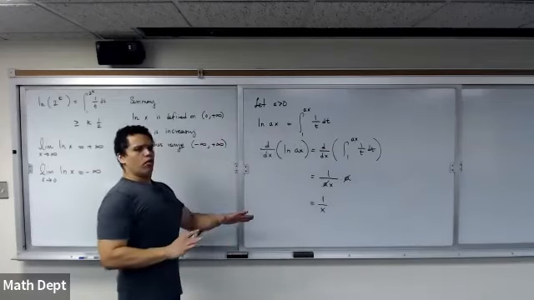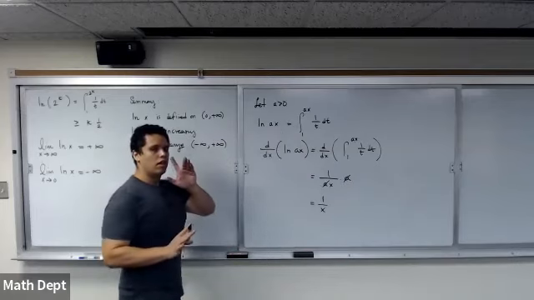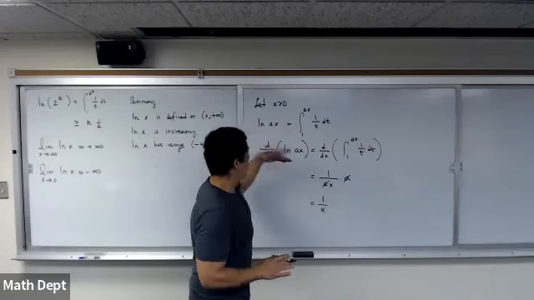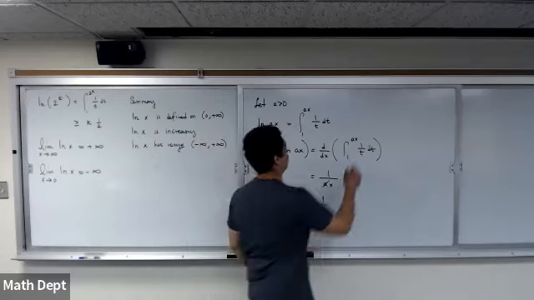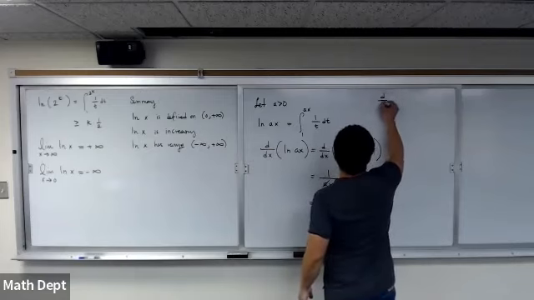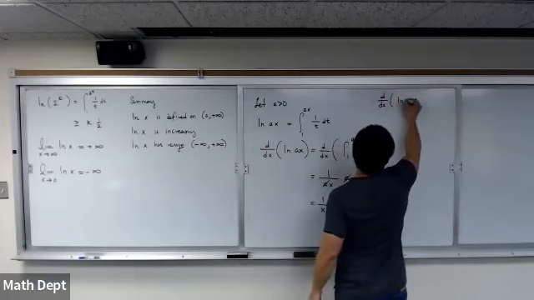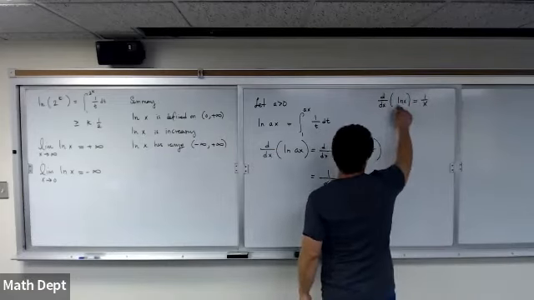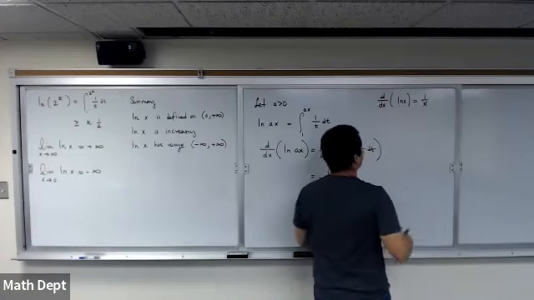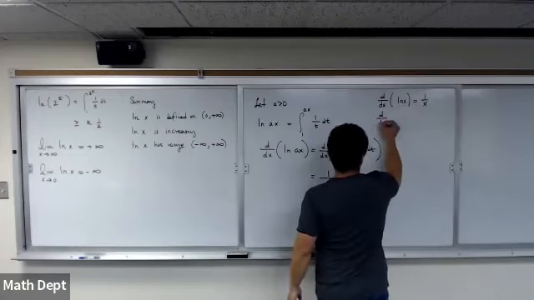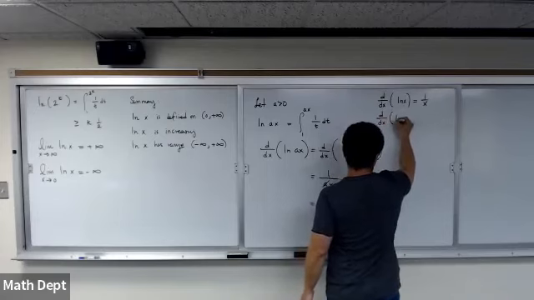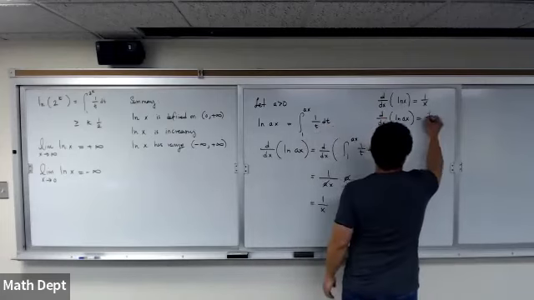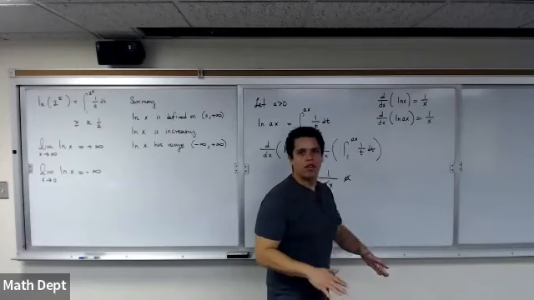Then you say, wait. What we observed is that this one is the derivative of the function that we defined. Look, we have the derivative with respect to x of ln of x is equal to 1 over x. Remember, this is just a definition. It's just a naming convention up to this point. And then the derivative with respect to x of the composition of this function with this linear function is also 1 over x. They're identical.